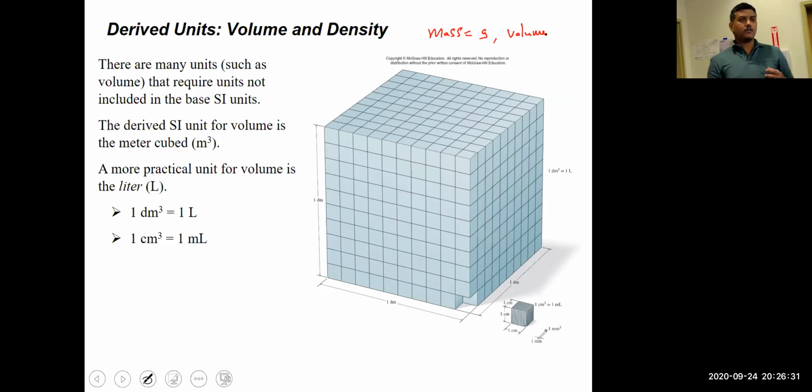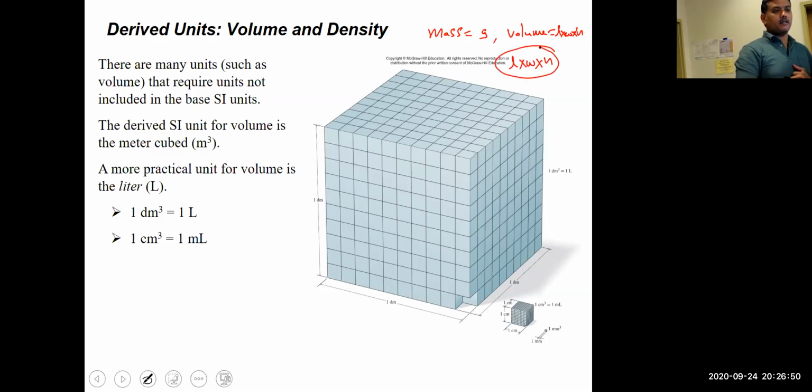Volume is calculated by calculating the length, width, and height of a sample. It is not clear there, let me write it again. Length, width, and height. You need all these three things.